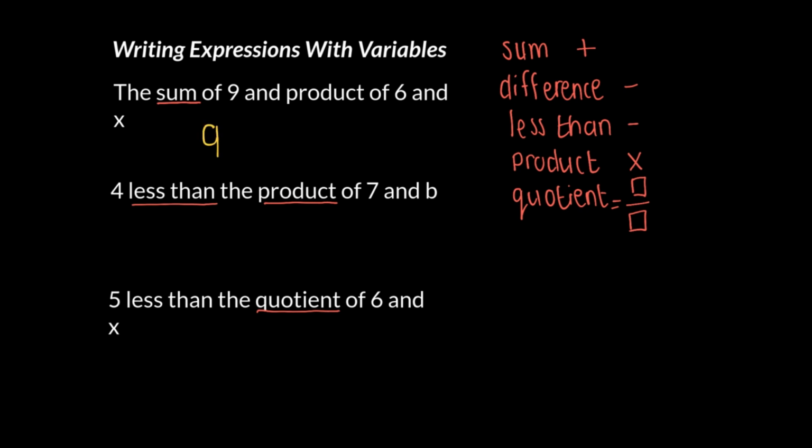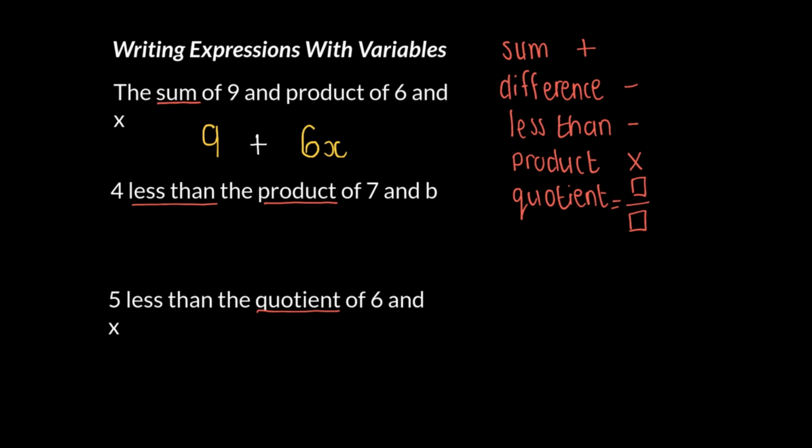So 9 plus the product of 6 and x. So we know the product means multiplication. And if we want to express 6 times x, we would just write 6x. Just like that. It's not that complicated, but it is very important that we remember that.